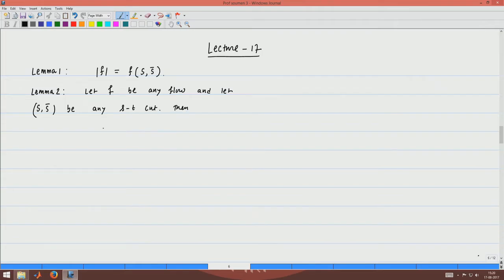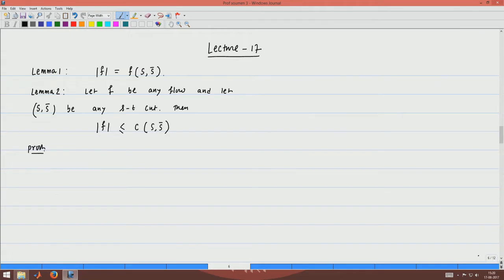Then the value of the flow is less than or equal to the capacity of the cut (S, S complement). Okay.